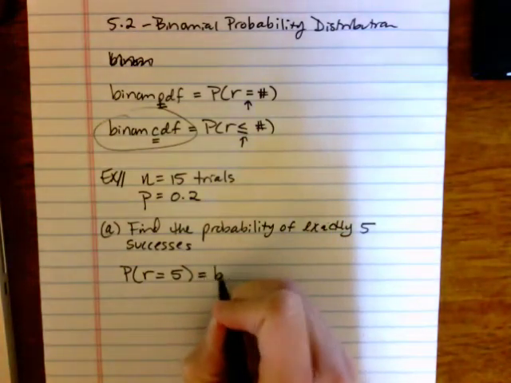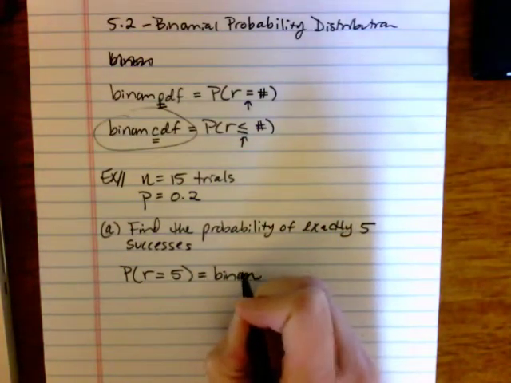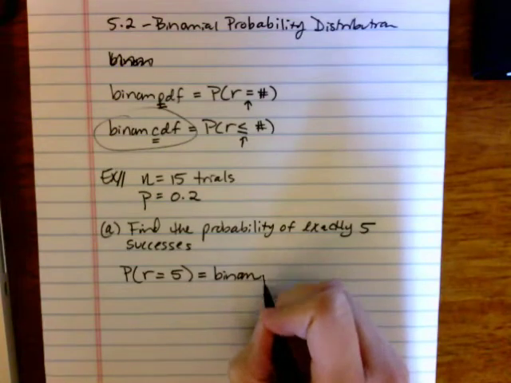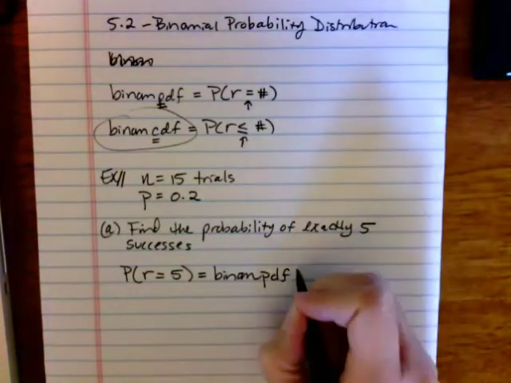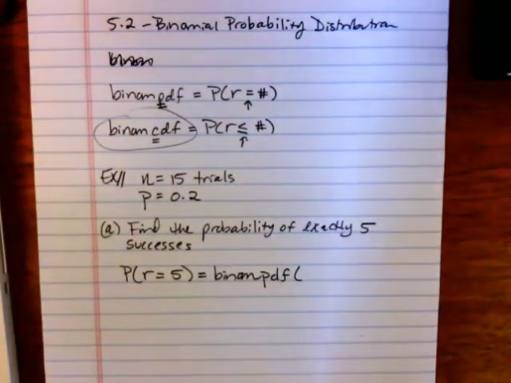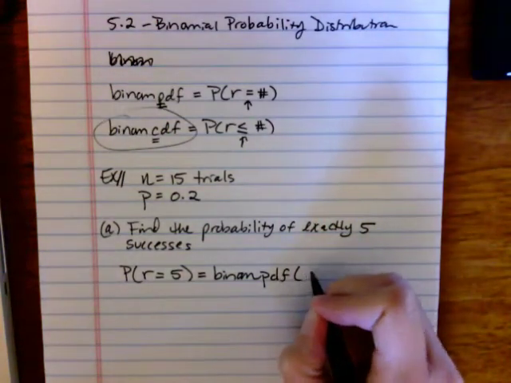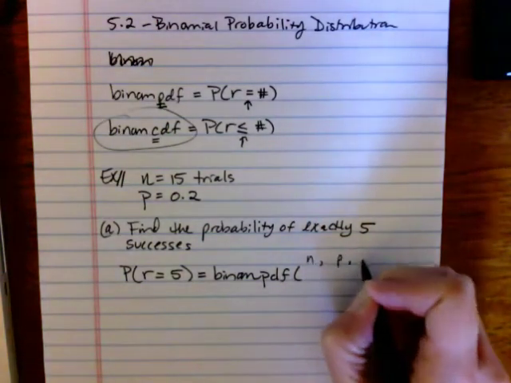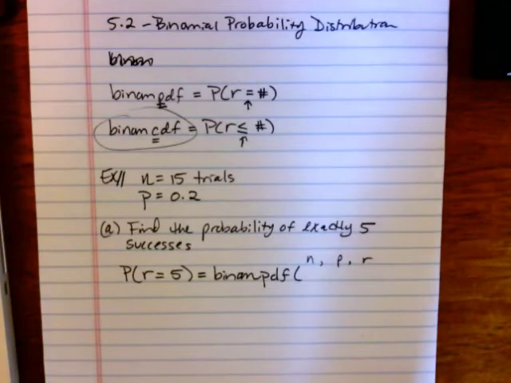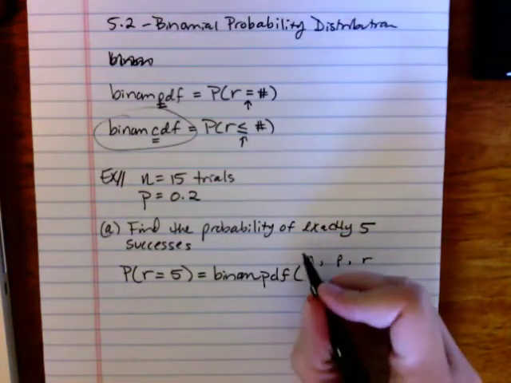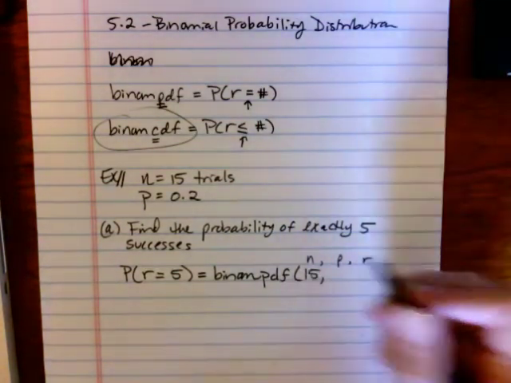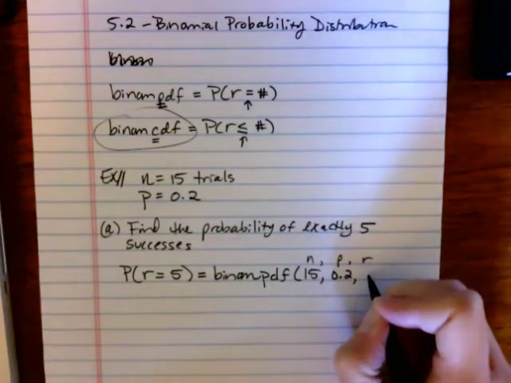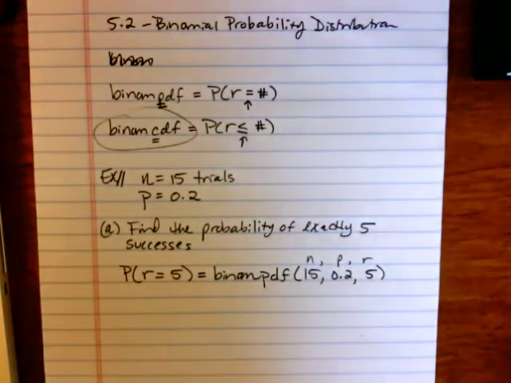Now this will go directly into your calculator, into binom PDF, and you want to put in the N, P, R. So just think National Public Radio. Our N here is 15, our P value is 0.2, and our R value is 5.